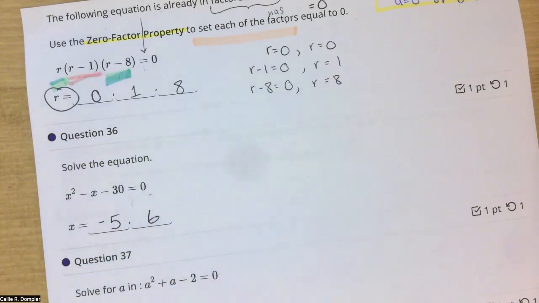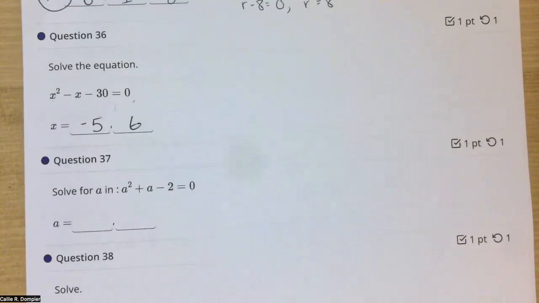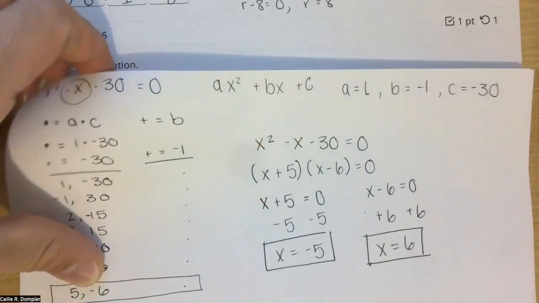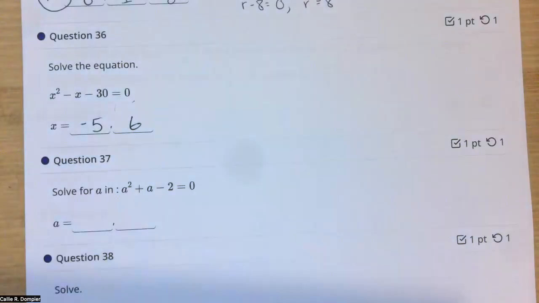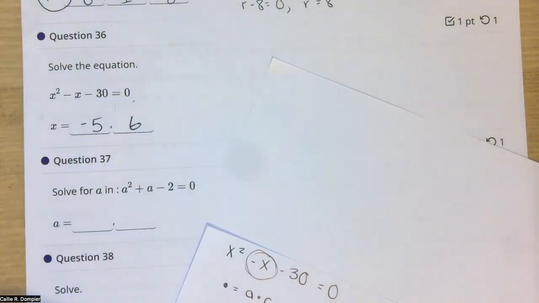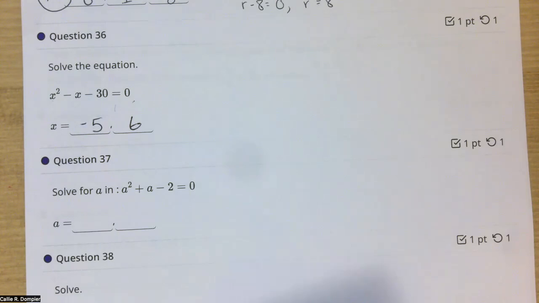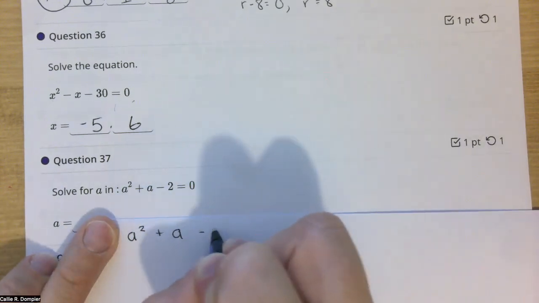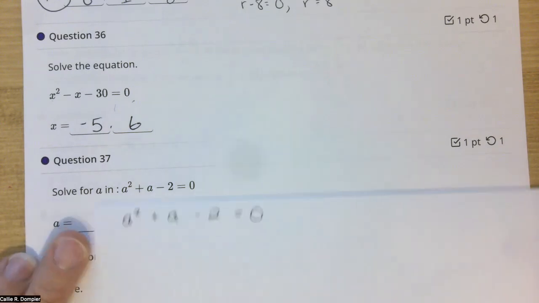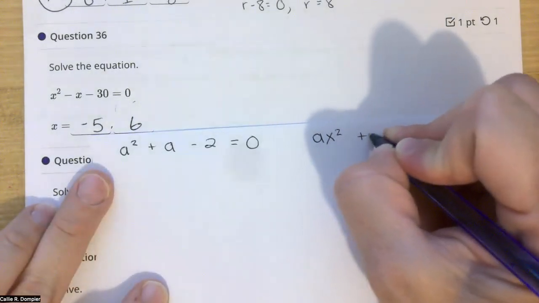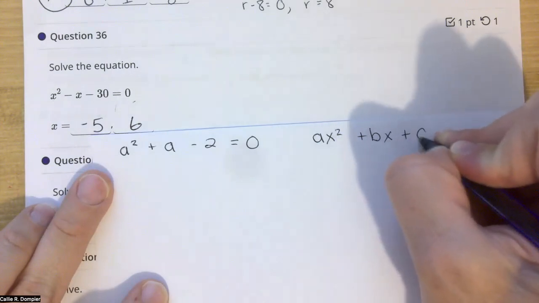Or 6 and -5. All right, then it says solve for a in a squared plus a minus 2 equals 0. Same exact thing we're doing here, okay? A squared plus a minus 2 equals 0. Ax squared plus bx plus c.